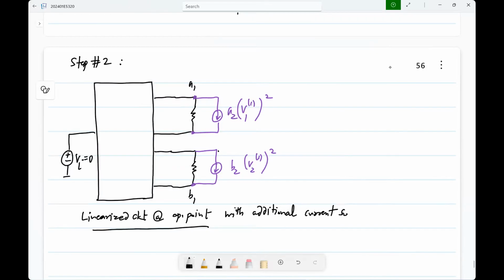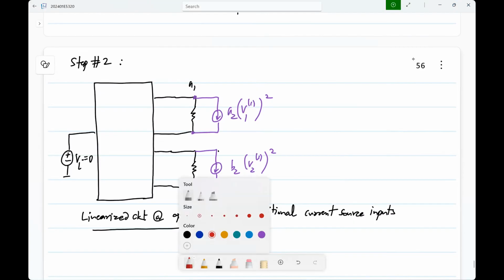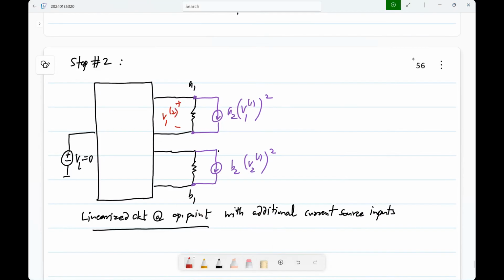Okay. So now you do the circuit analysis and you calculate all the voltages and currents. I'm showing only the voltages and currents on these elements, but whatever you get at these, I'll call it V1 of 2, and this is V2 of 2. Okay.